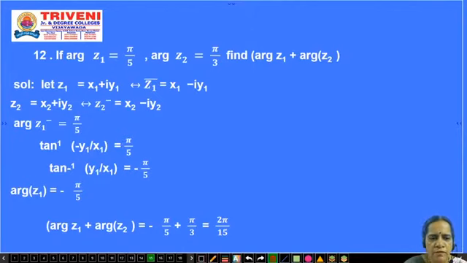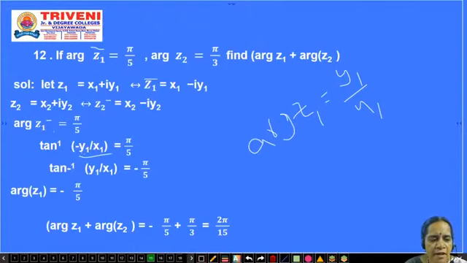Then we have given arg of z1 bar is equal to pi by 5, arg of z2 is equal to pi by 3. We have to convert z1 bar to z1. All of you know that arg of z1 is tan inverse of y1 by x1, but here z1 bar is there. Then you have to write tan inverse of minus y1 by x1 is equal to pi by 5.